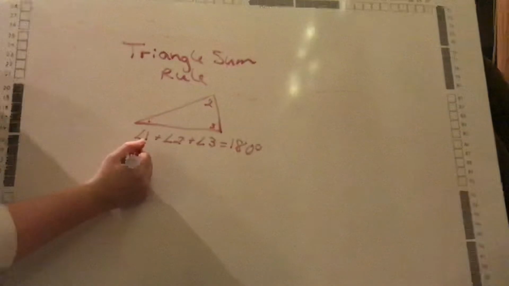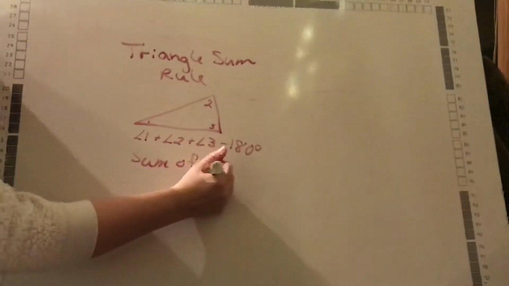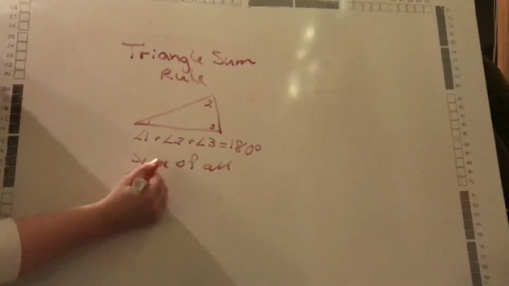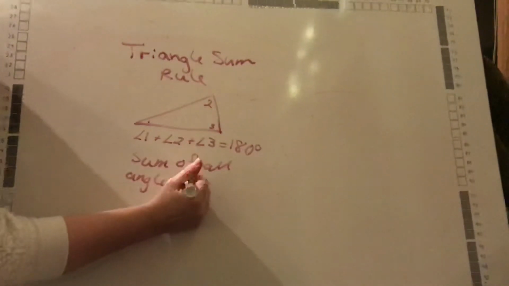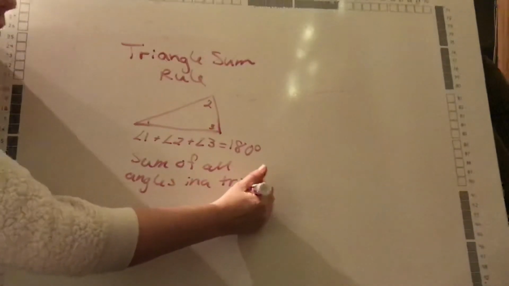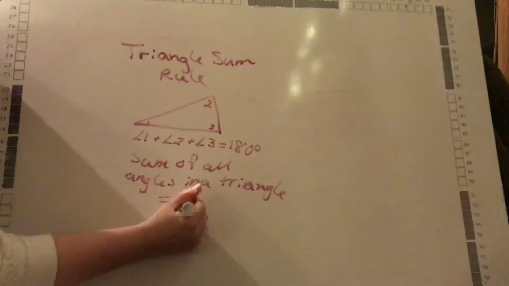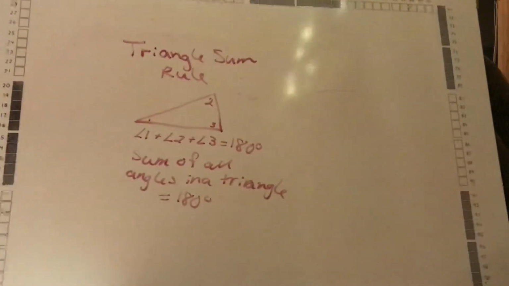So the sum of all angles in a triangle equals 180 degrees. If you need to pause the video, make sure you wrote this down.